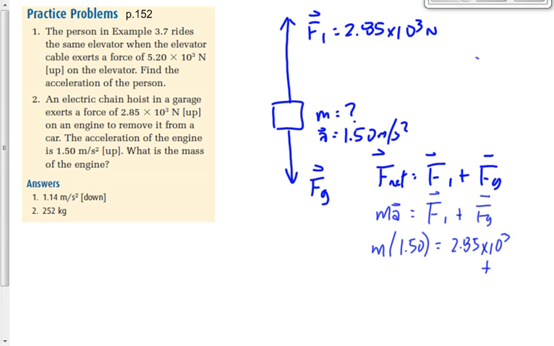Gravity is m times negative 9.81. Well, that looks a little ugly, right? Mass is unknown, but it appears in 2 places in that equation. So what do? Let's simplify it a little bit first. Say 1.5 m equals 2850, subtract 9.81 m.